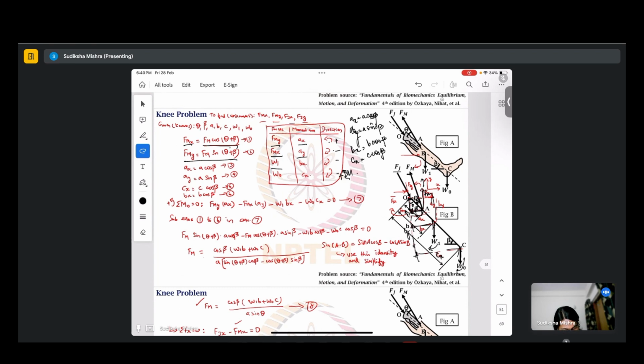The summation of moments around O is 0. So Fmy ax minus Fmx ay minus W1 bx minus W0 cx equals 0.